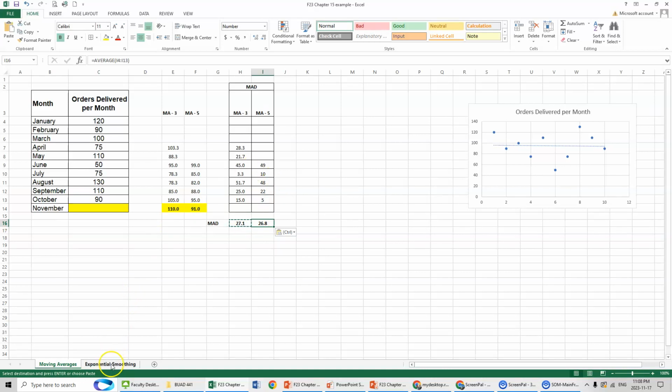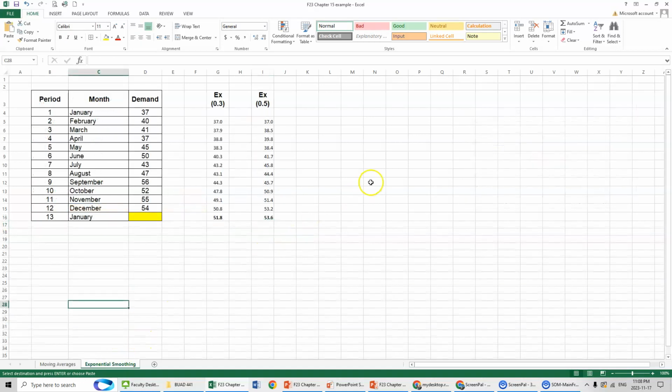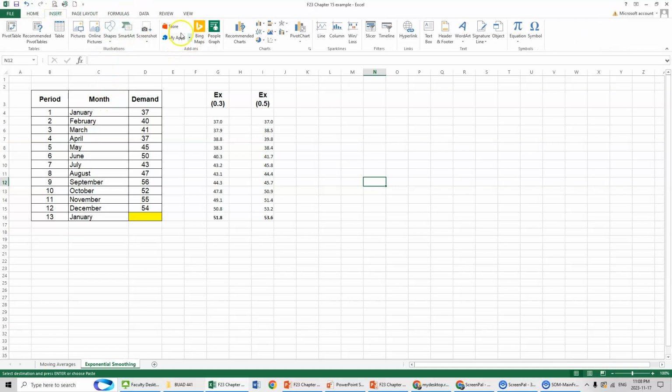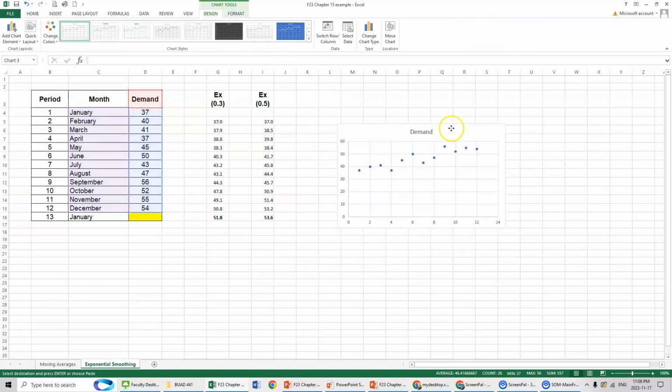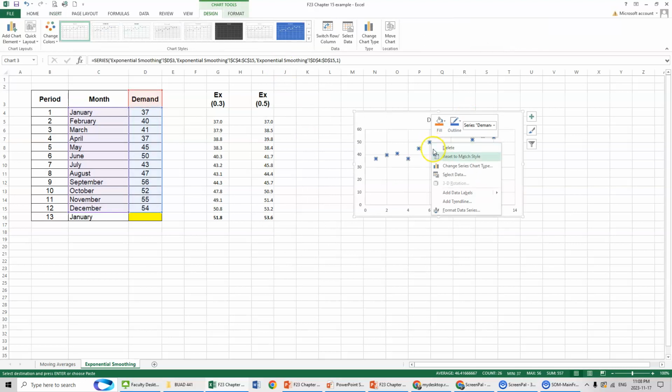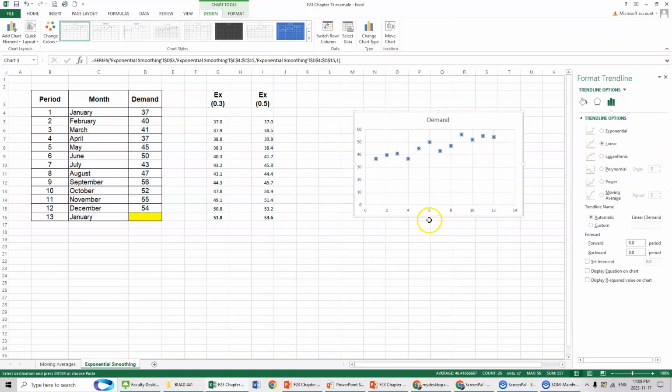So let's move on to the exponential smoothing example we worked on. Once again, we're going to draw a little graph of this. Let's highlight the month and the demand and get a nice scatter plot in there. We can see that there's a trend. We can highlight, right click, and look at that trend line.